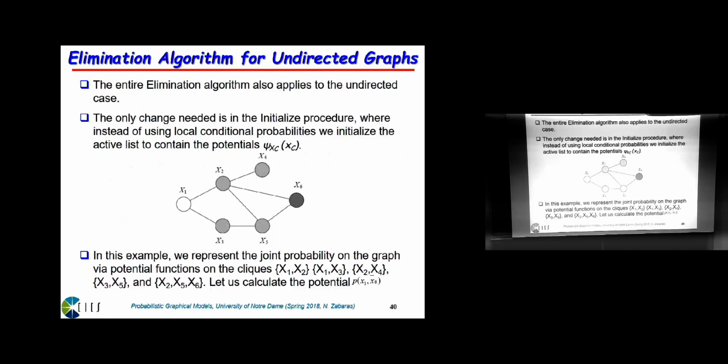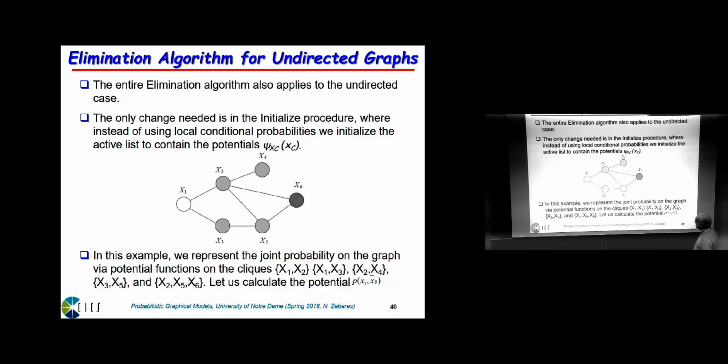So let's look at this in the context of undirected graphs, okay? I mentioned we're going to be here a little bit so we can unify the directed and undirected graphs. We're going to be a little bit ahead of ourselves because I haven't discussed the factorization of the joint distribution over undirected graphs.